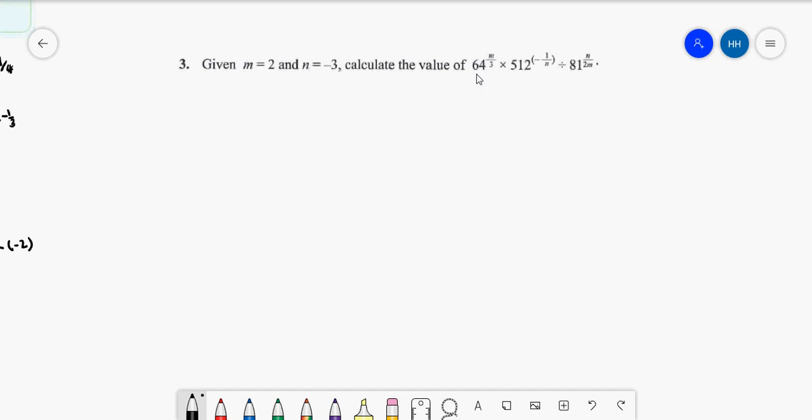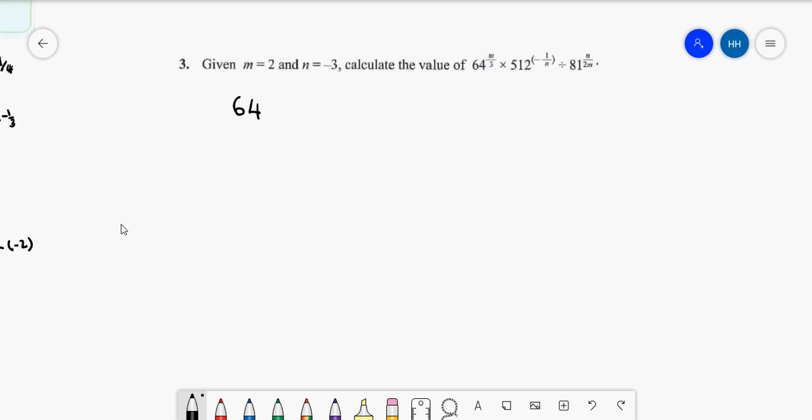64, in your mind you must think that 64 can be simplified into smaller base. 512 also can be simplified to smaller base. 81 also can be simplified into smaller base. You can calculate what is the suitable base, or you can use try and error method using calculator. So to solve this question, I rewrite 64 to the power of m over 3.